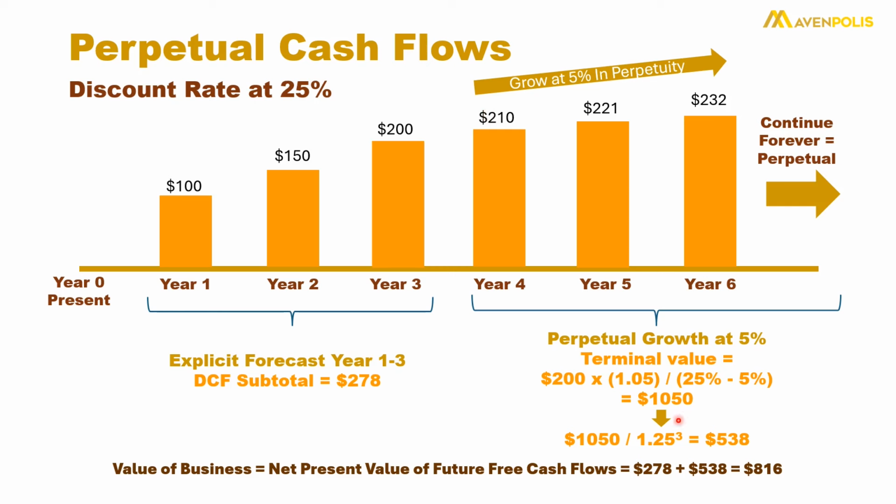So you get 1050, and then to discount it, you discount it by 3 years because it starts from year 4. So basically, you will discount it 3 years to year 0. You get 538. So the value of the business in this case will be simply 278 plus 538, which is 816. So the value of this business to generate this kind of cash flow will be 816.